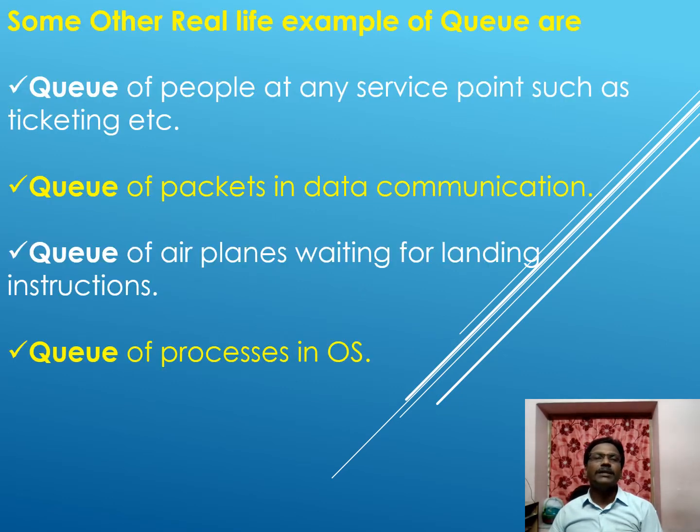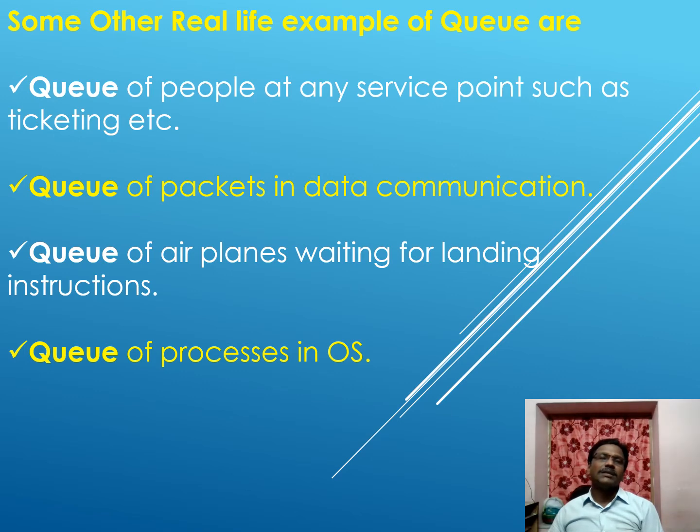Next, some real life examples. Queues of people at service points such as ticketing: bus ticketing, railway ticketing, or theaters maintain people in queue order.